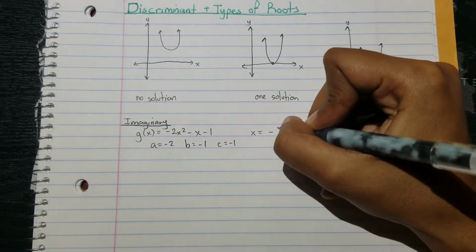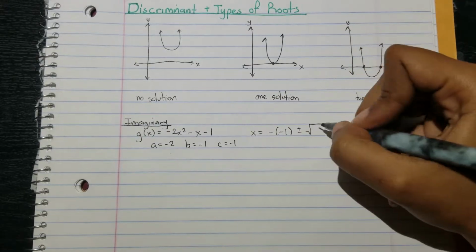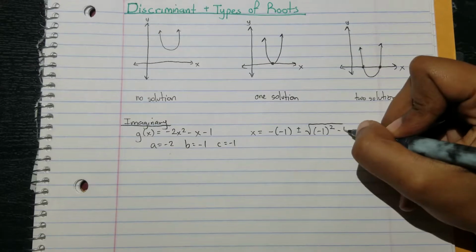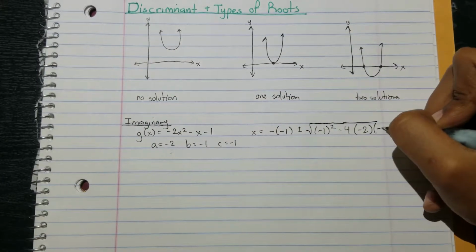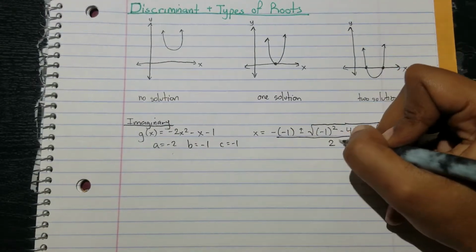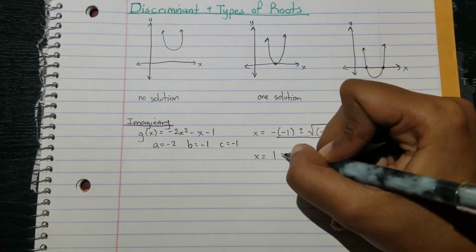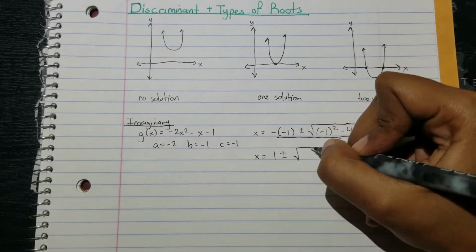That's negative 1 plus or minus the square root of negative 1 squared minus 4 times negative 2 times negative 1, all over 2 times negative 2. When we simplify this, it's positive 1 on the outside plus or minus, and the inside ends up being negative 7, all over 4.